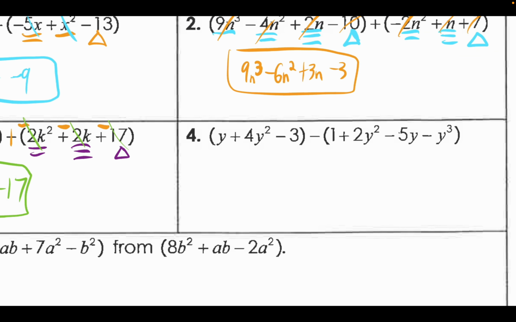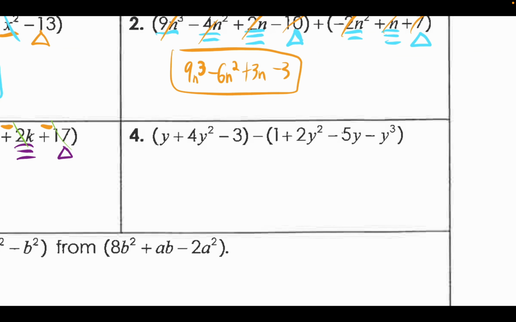On to number 4 here. I'm once again going to change every sign in the parenthesis that follows to the opposite. And I'm going to underline. So y to the third comes first, y to the second would come next, y to the first comes third, and then last but not least come our constants.